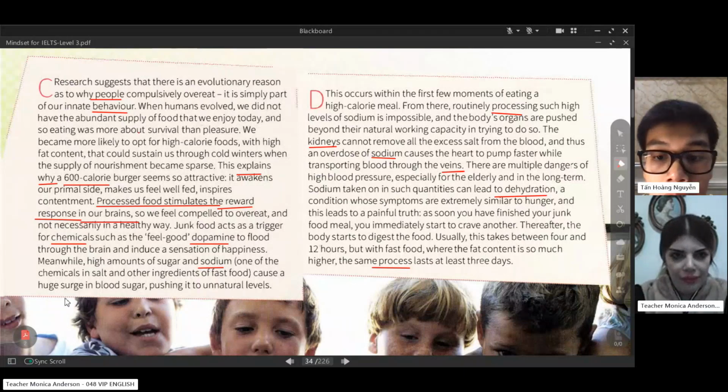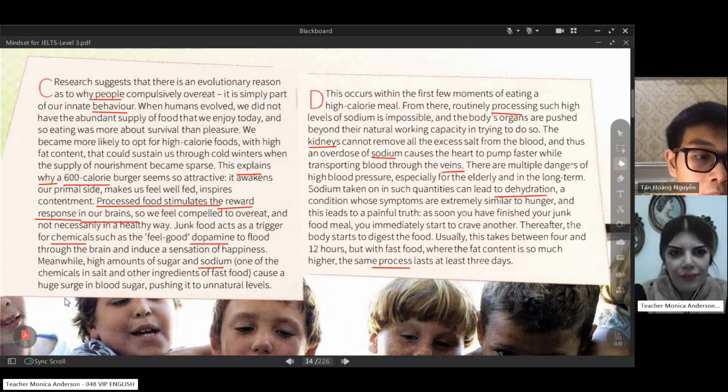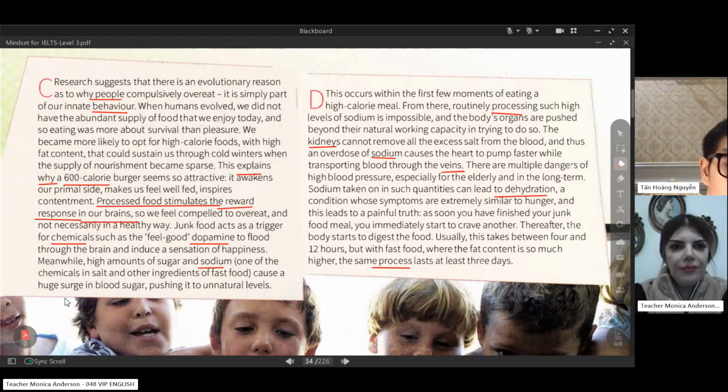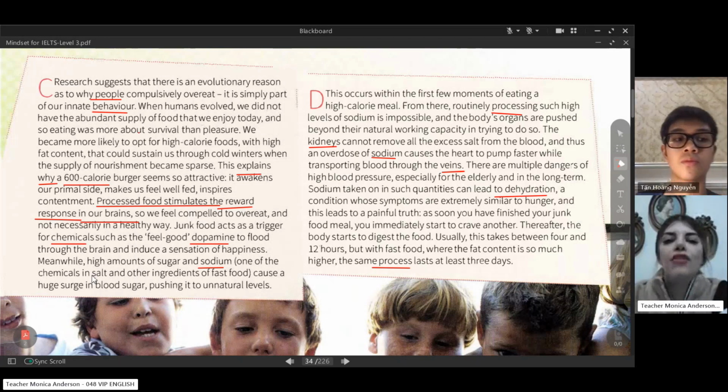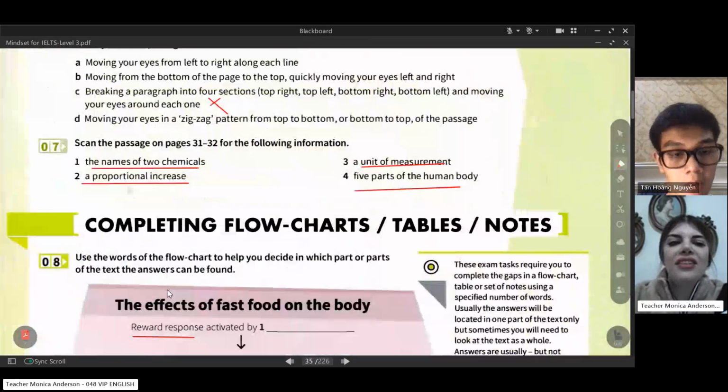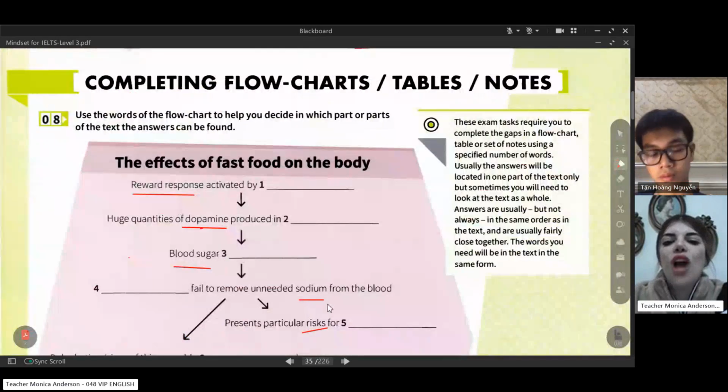Dopamine. I think the brain. Okay, of course, you're right. The brain. Definitely, yes.